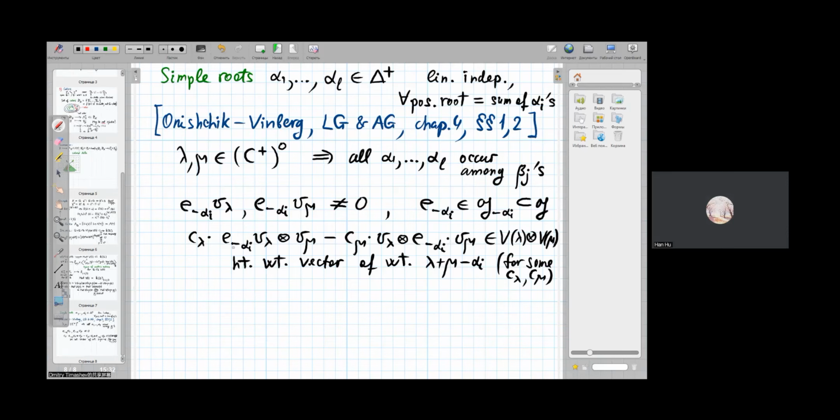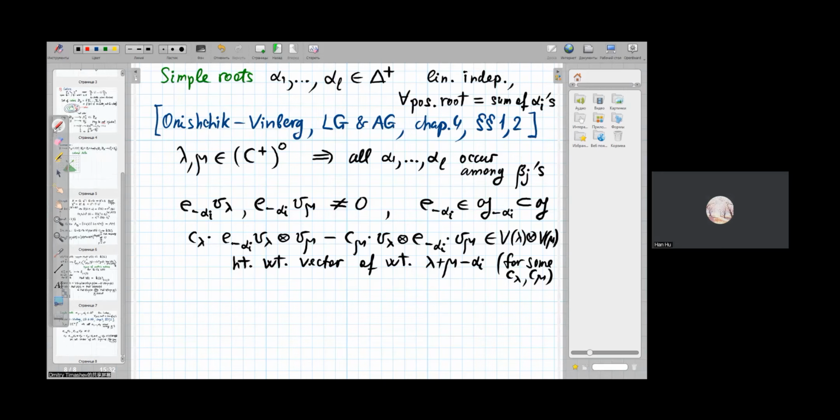So the matrix E minus alpha I acts on the vector V lambda, for instance. This is the representation of the Lie algebra of G in the vector space V of lambda or V of mu. Since lambda and mu belong to the interior, the multiplication is not zero.